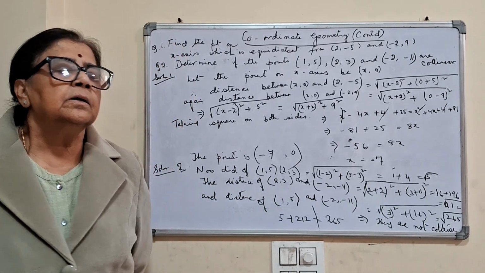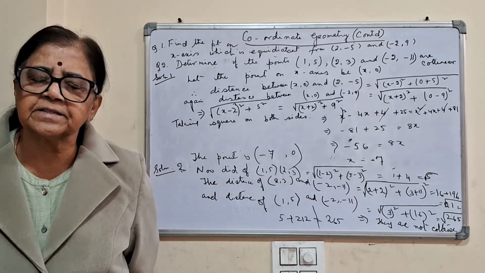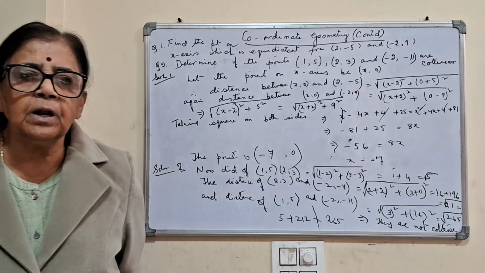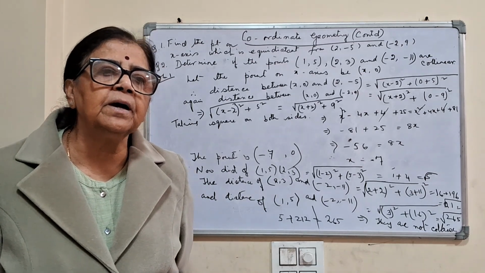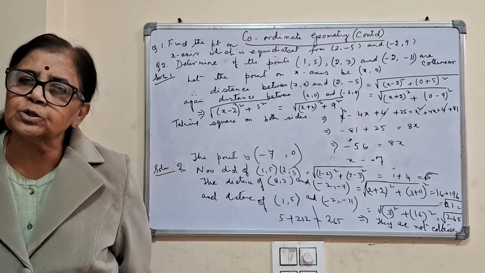Okay. So before I start, first let me write the distance formula here. I am using the distance formula. The distance formula is the square root of (x1 minus x2) whole square plus (y2 minus y1) whole square.